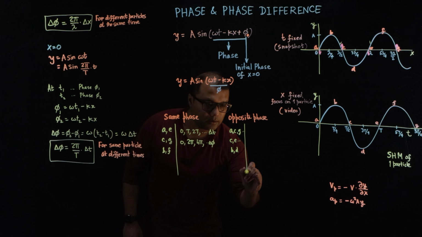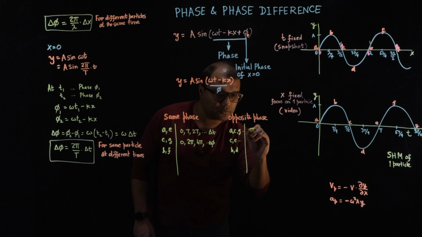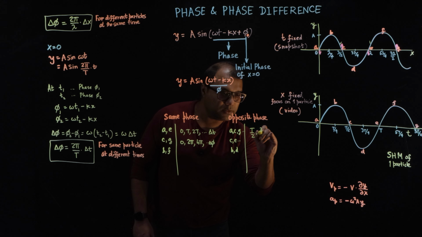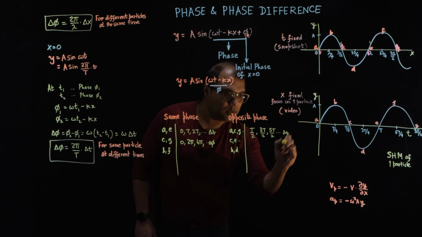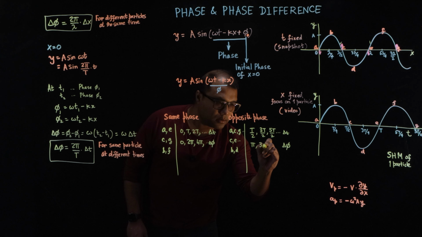Okay. So this one happens A, C, T by 2, 3T by 2, 5T by 2, and such. So this is delta T. Corresponding delta phi is pi, 3 pi, 5 pi, and such.